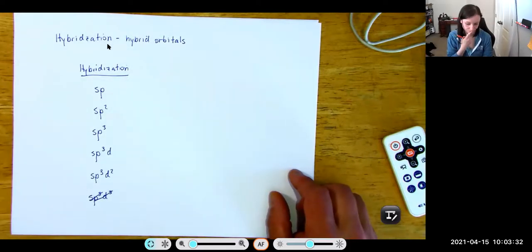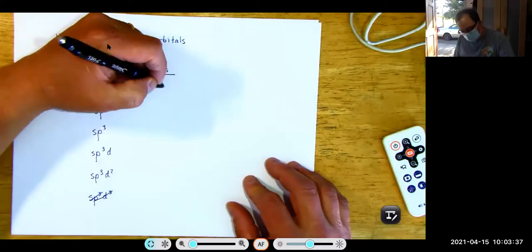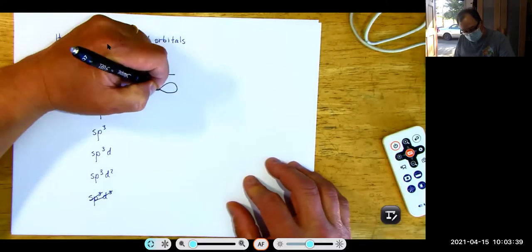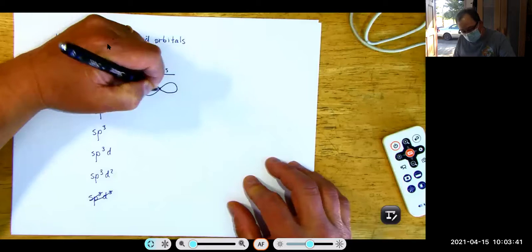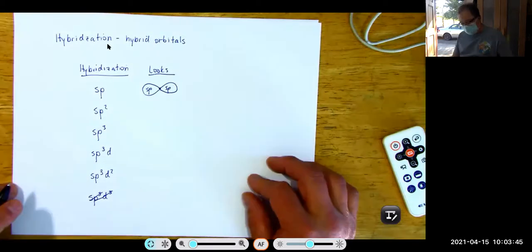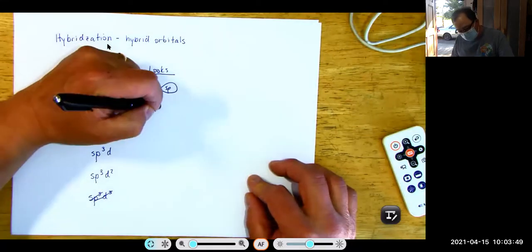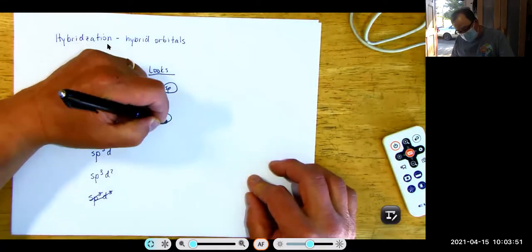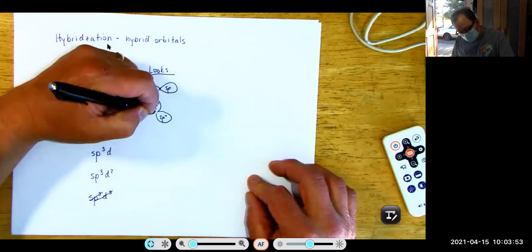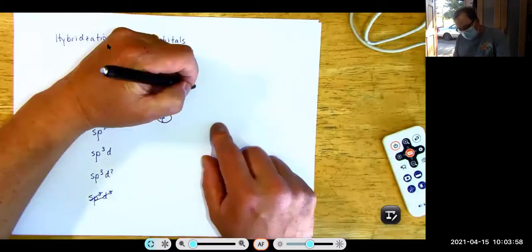Okay. And here's how it looks around the central atom. That's an sp and that's an sp. This is an sp2. This is an sp2. And this is an sp2. So if this looks linear, it's supposed to.